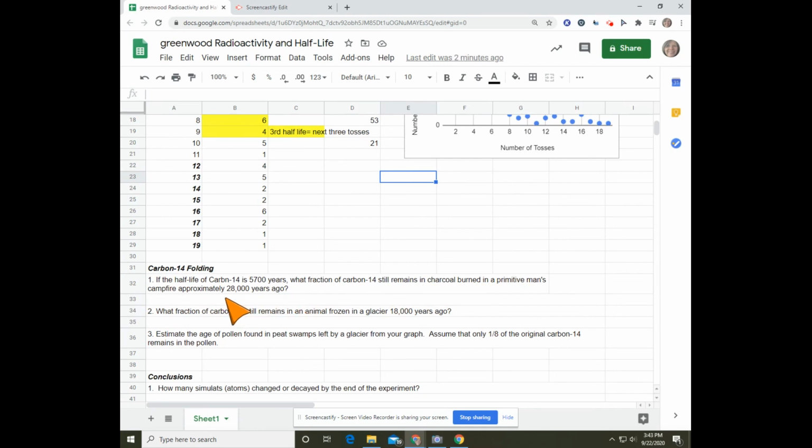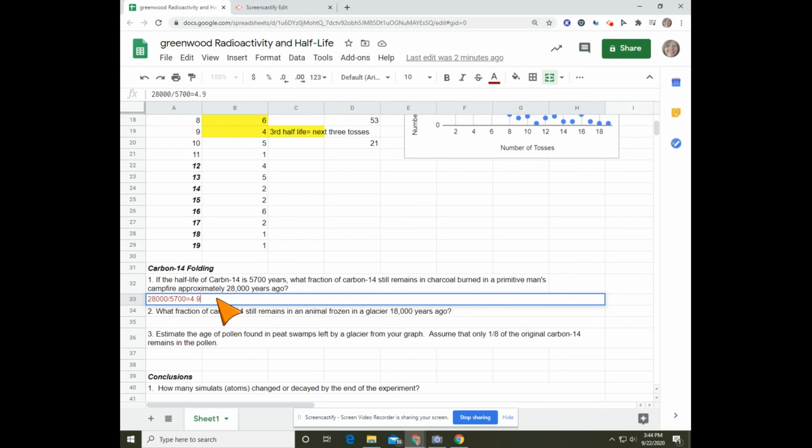We're going to go back to those notes that we took a little bit earlier, and we're going to say 28,000 divided by 5,700 equals, and when we do the math on that, 28,000 divided by 5,700 gives us 4.9.